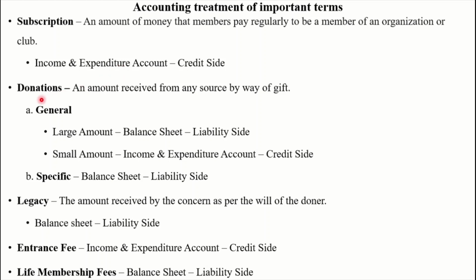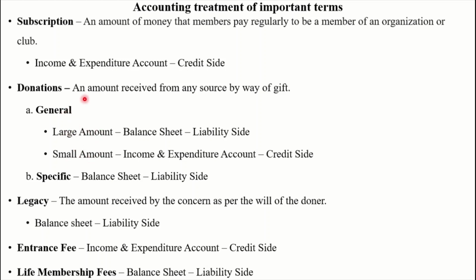The second important term in non-trading organization is donation. Donation is a source of fund for the non-trading organization, an amount received from any source by way of gift. There are two types of donation: general donation and specific donation. General donation again has two types: large amount and small amount.